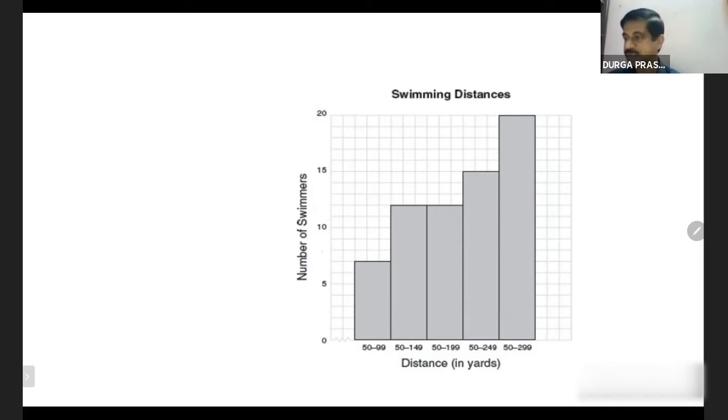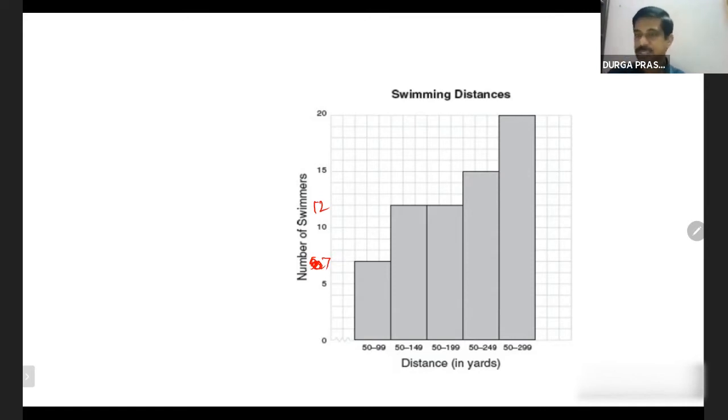The number of swimmers he gave here, this is a 5 unit gap. This is 7, 12, and this is 15, 20. So these are the number of swimmers.